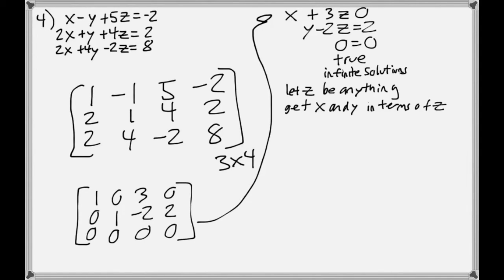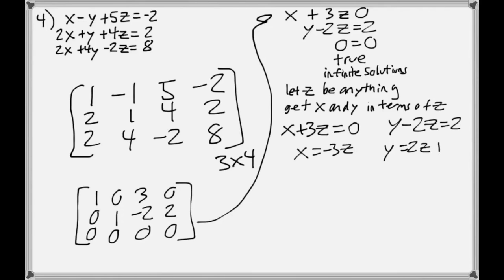So if I look at that top equation, x plus 3z is equal to 0, if I subtract 3z, I get x is equal to negative 3z. And then if I look at the other equation, y minus 2z is equal to 2. If I subtract 2z, y is equal to 2z plus 2.